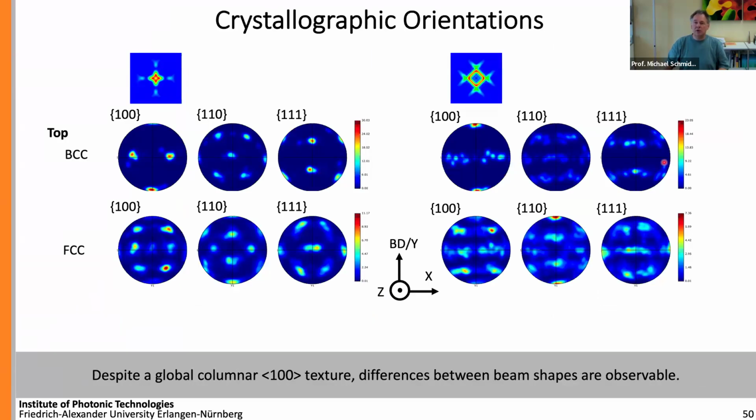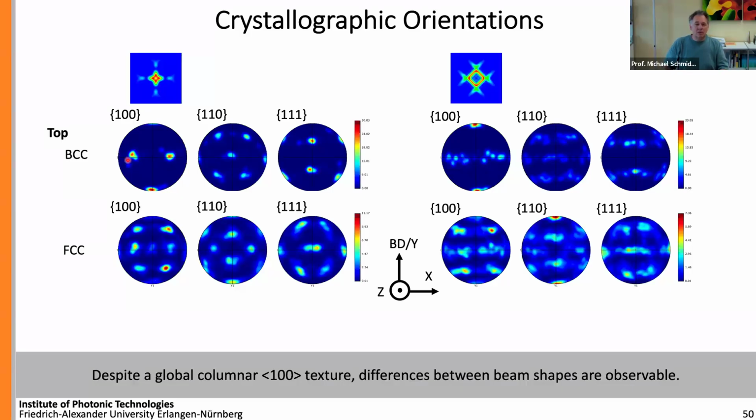If you look at the crystallographic orientations in the build direction, as you can see here, we have the BCC, which is the ferrite, and the FCC, which is the austenite that you can see here on top. You can see very pronounced growing directions for the star-like. This is what I just mentioned. The other ones have cancelled out on top.